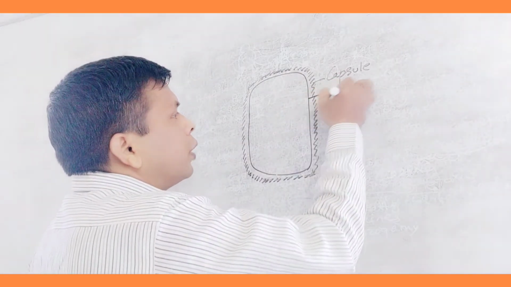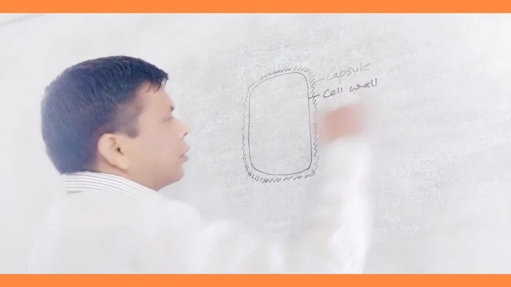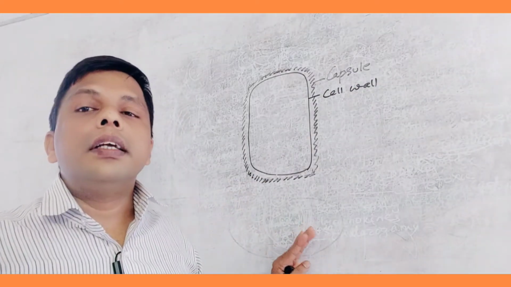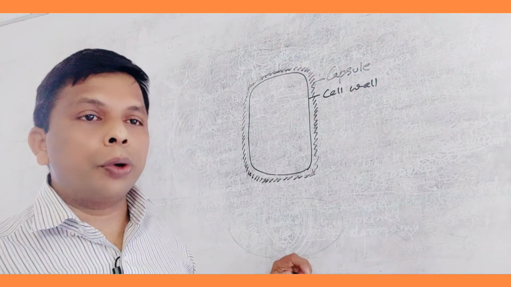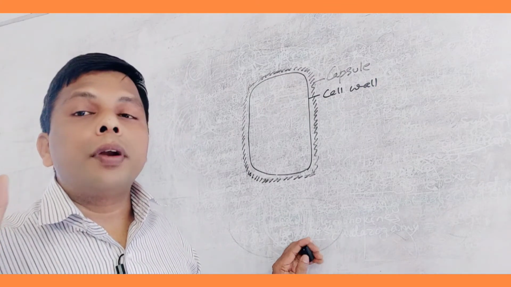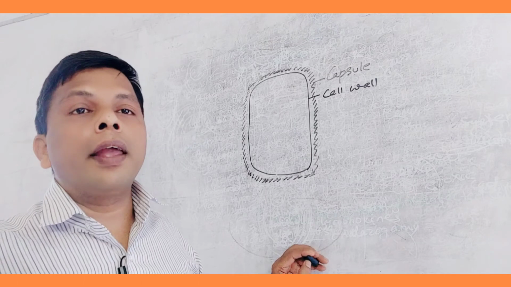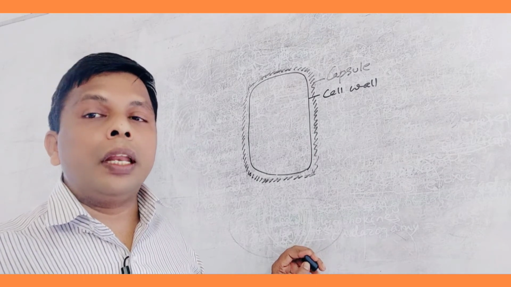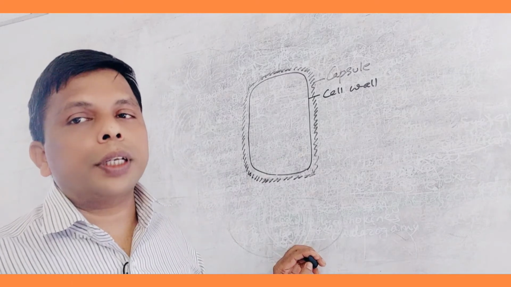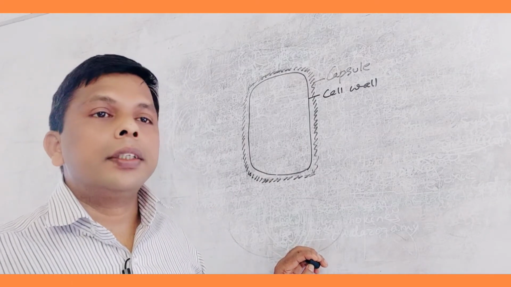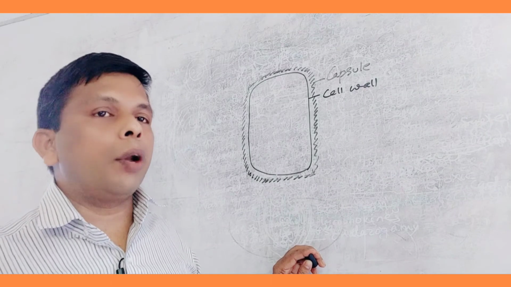Below the capsule there is the cell wall. This cell wall is non-cellulosic in nature. It is formed of peptidoglycan, pseudomurein, and a number of non-cellulosic substances. Cellulose is found in the eukaryotic cell.